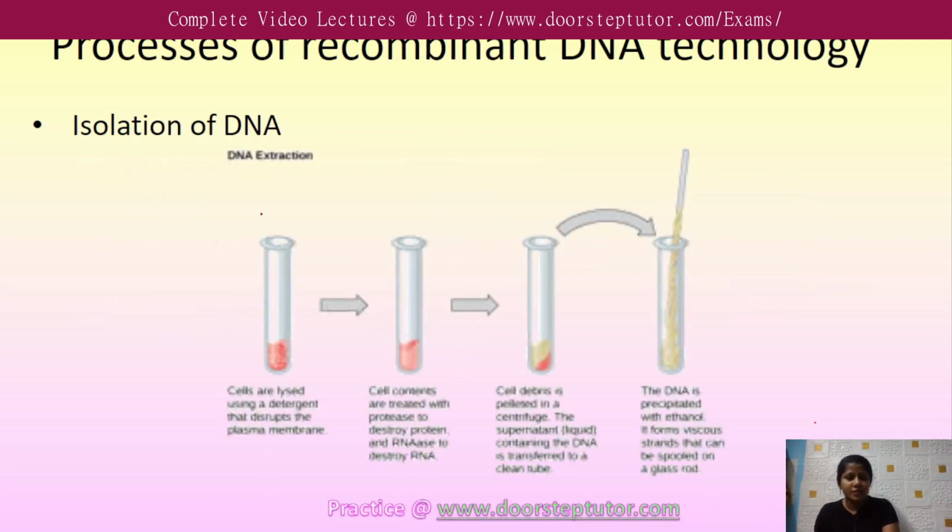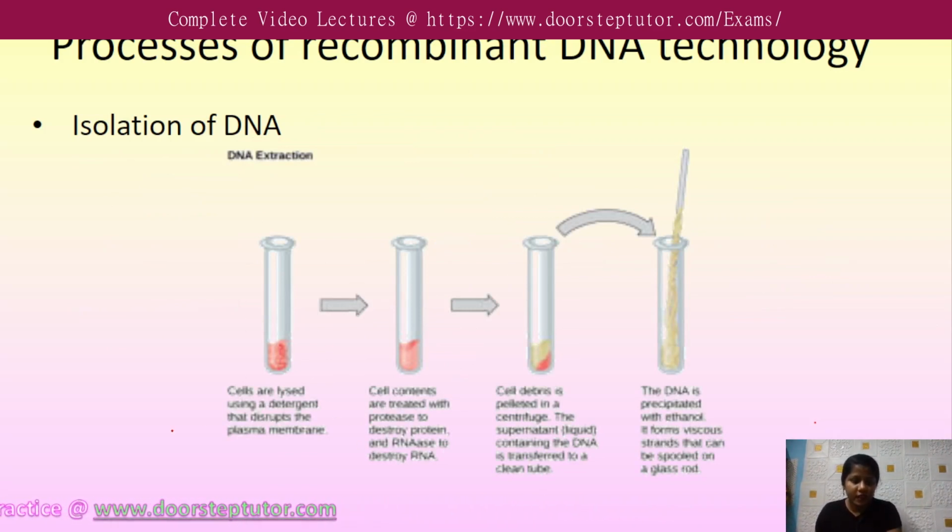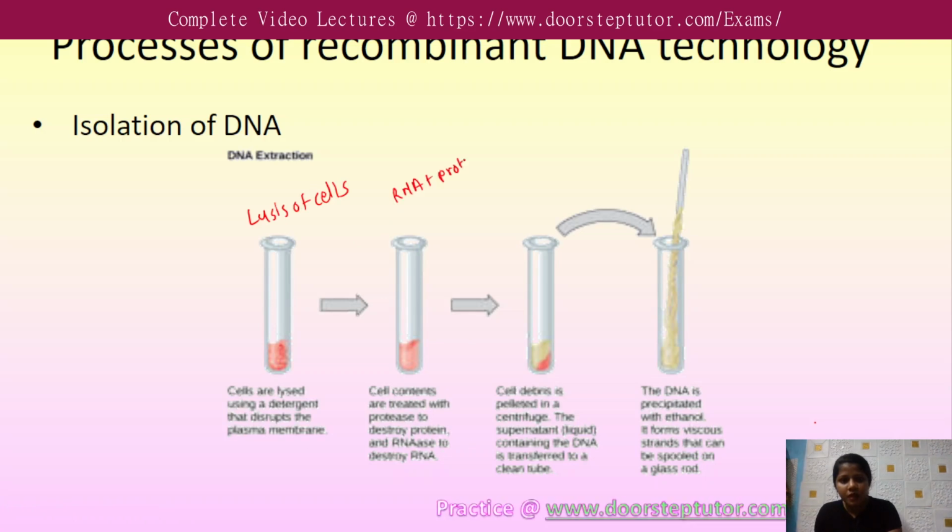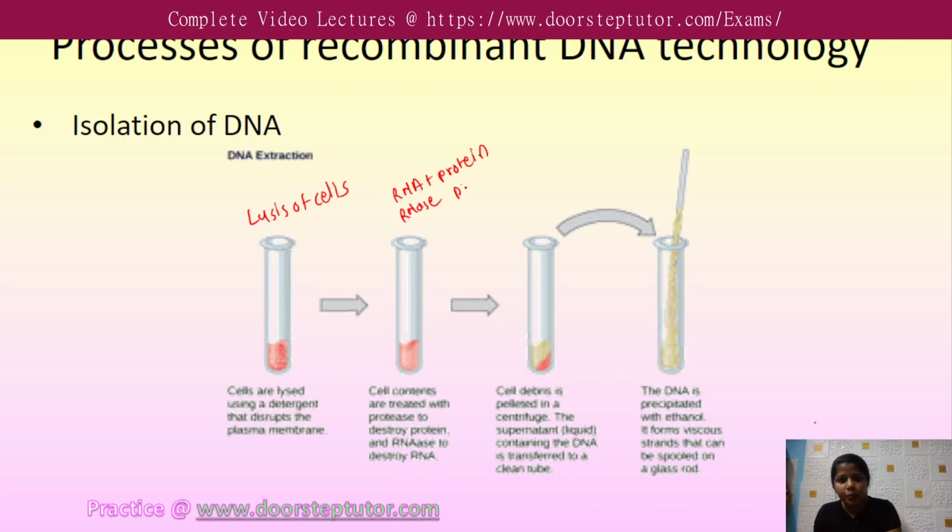Let's see the process in detail step by step. First, we lyse the cell. Lysis of cells will be done, and after that there are some impurities with it, RNA or protein. We use RNase to degrade RNA and proteases to degrade proteins, right?